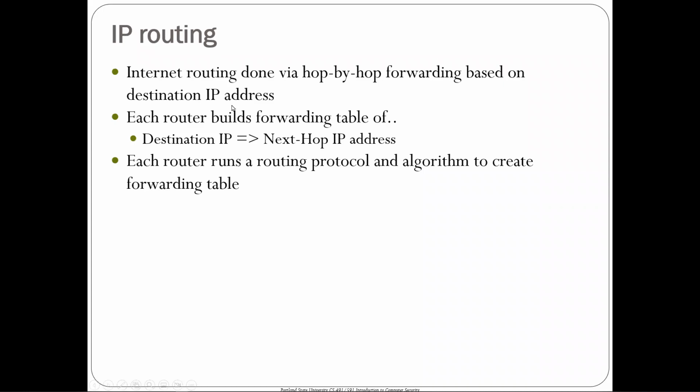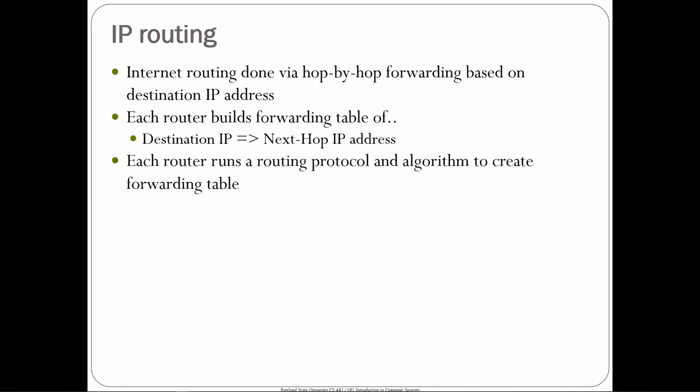As a result, every router in the network has a routing table, or forwarding table, that says for a particular destination IP address, I look up this table and figure out the next hop interface and the next hop IP address to forward this packet to. In order to generate this forwarding table, every router on the internet has to run a routing protocol so that arbitrary packets can be forwarded to their destination.